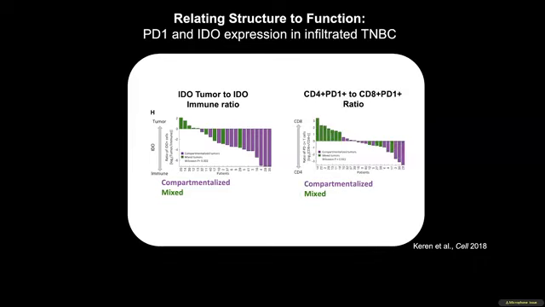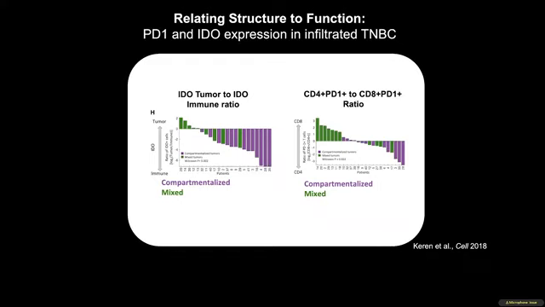But I think probably one of the other striking correlates to go along with the relationship on PD-L1 was that if we looked at PD-1 expression and whether it was expressed in CD4 cells or CD8 T cells, in compartmentalized tumors, PD-1 expression was far more frequent on CD4s, whereas in mixed tumors, PD-1 expression was far more frequent on CD8s.